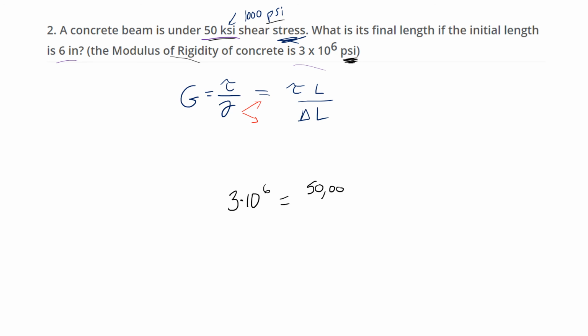So we're going to have 50,000 times our L. L is 6, right? 6 inches divided by our delta L. All right. So now we just got to solve this all out. Our delta L is going to equal 0.1.